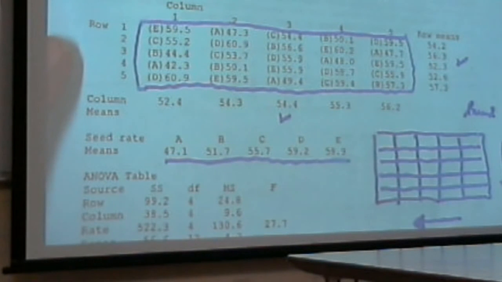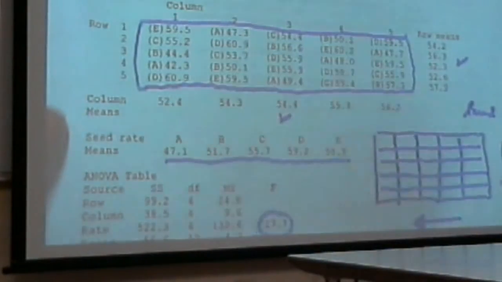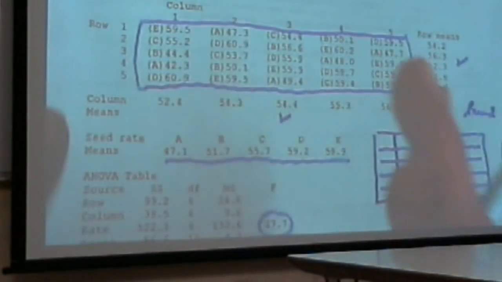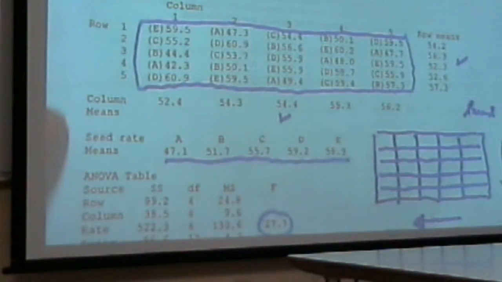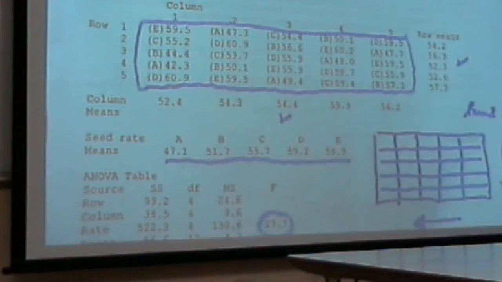Here's the ANOVA table. Now the only thing I put in the ANOVA table was this one F statistic because it's the only one I'm interested in. I'm not interested in testing whether there's any difference due to the row variable because I know there is. That's soil fertility or something, right? Is there any difference due to the column variable? Well, I know there is. That's sort of the moisture level. So I don't care about that conclusion.